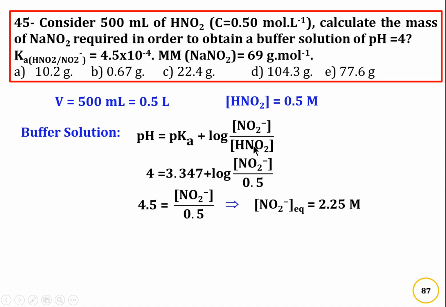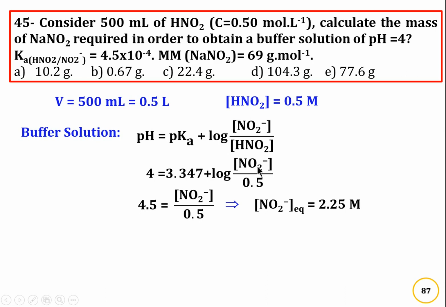As in most cases, given the weak behavior of the acid and of the base, the concentrations at equilibrium are the initial ones, so HNO2 equals 0.5.